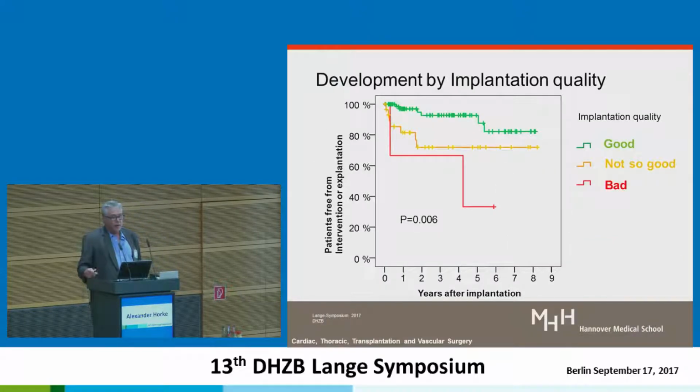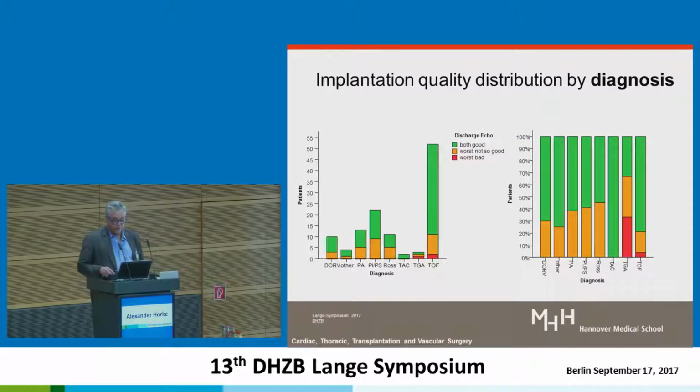So the idea was, if we cannot have an ideal situation, this must have an impact on the development. And if you see the development of this valve, if you have a good implantation, you have the best results, and with not so good implantations, and even bad implantations, there's a bad outcome.